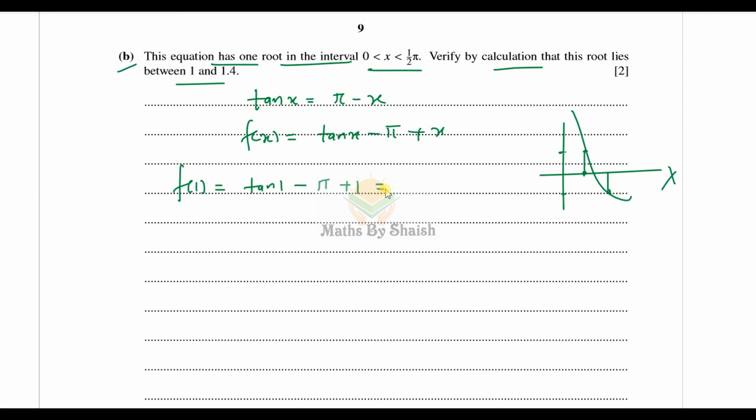It is coming minus 0.584 and so on, and f of 1.4, that is tan 1.4 minus pi minus 1.4, it is coming 4.056.